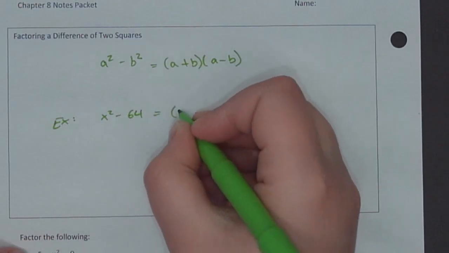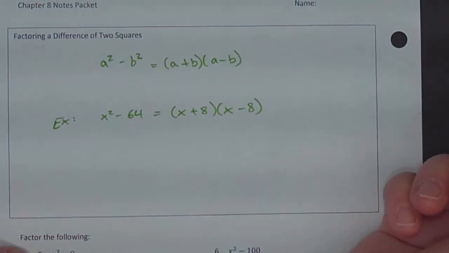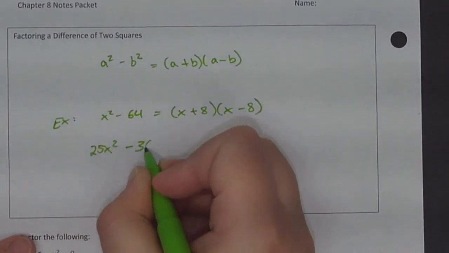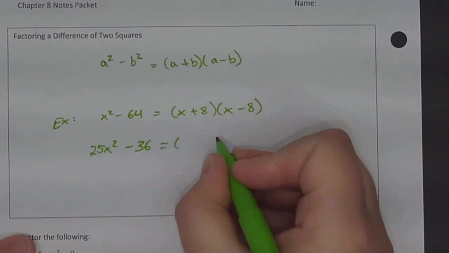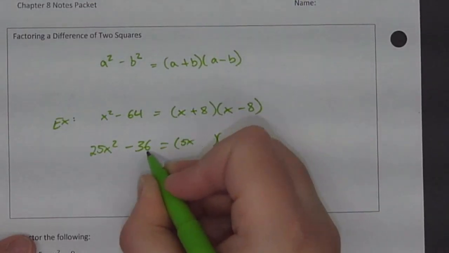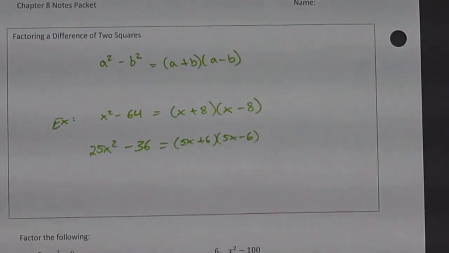Both the first and the last term are perfect squares, so we can factor into x plus 8 times x minus 8. Or let's say we have 25x squared minus 36. Again, both are perfect squares, so we can factor it into 5x plus 6 and 5x minus 6.